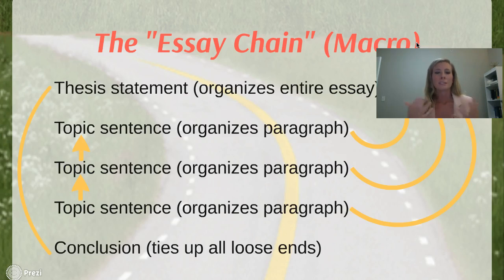So there are 2 sort of levels to organizing an essay. There's the macro level, or sort of the big picture level, and then there's the micro level. We'll be looking at the micro level organization a little bit later, but right now we're going to be talking about some of those big picture organizational strategies.